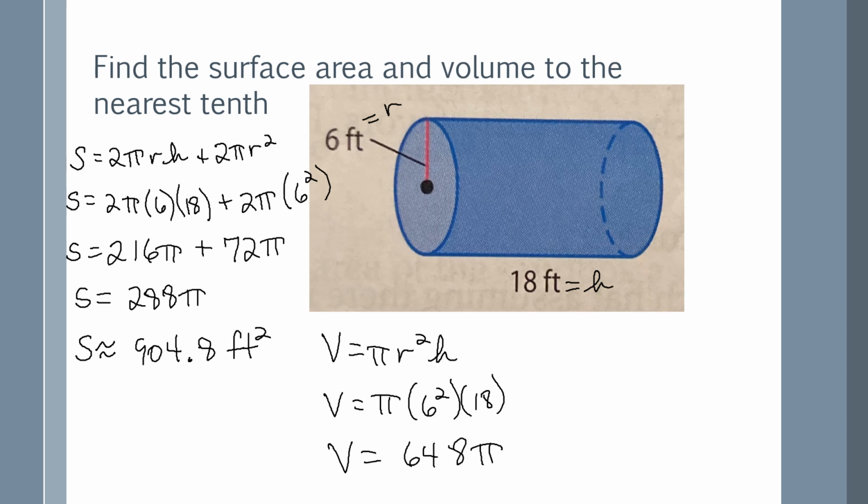Now you can just multiply that by pi, and we end up with 2,035.75, which would be rounded to 2,035.8, and that's cubic feet.